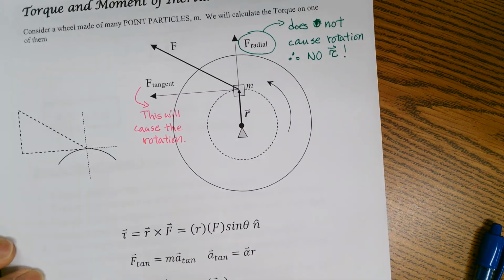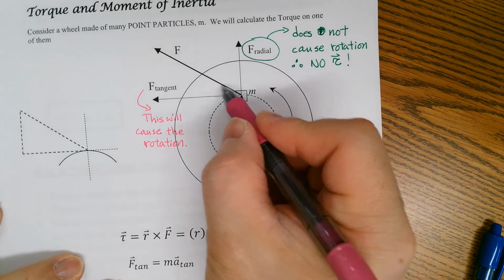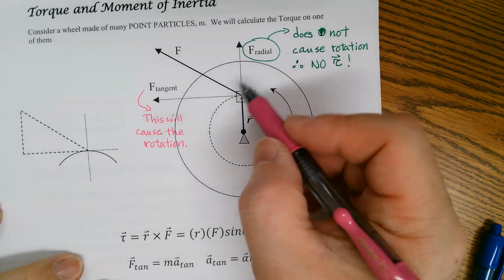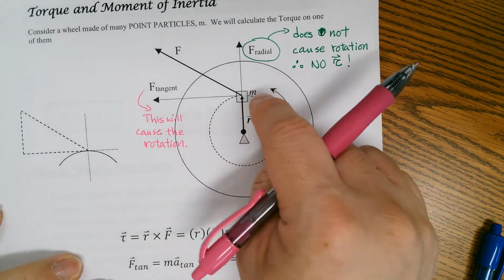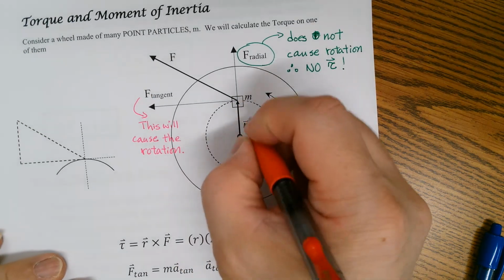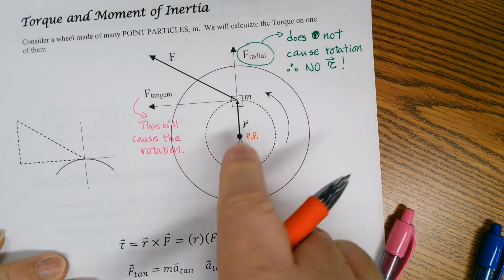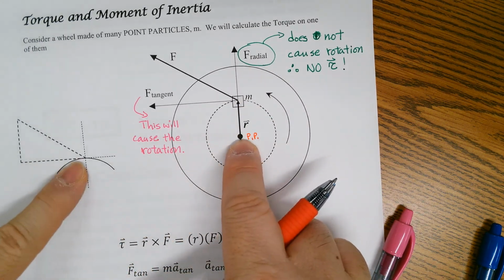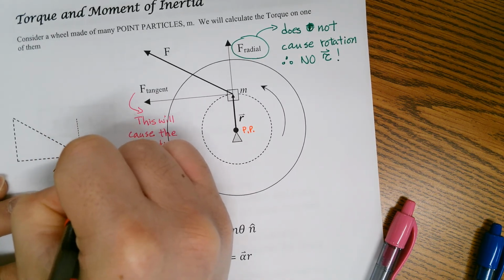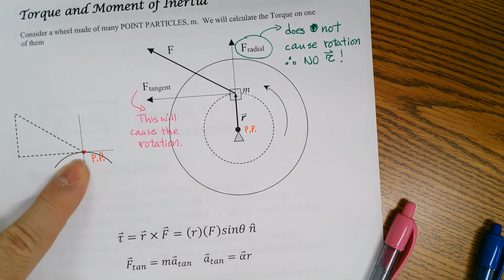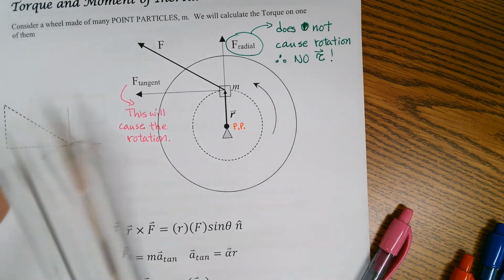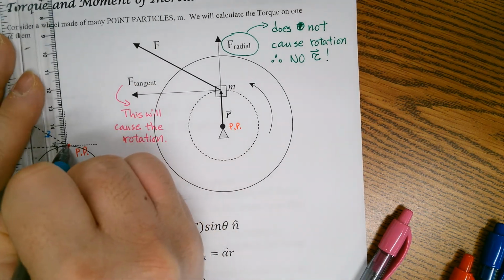Even though we have this force right here, if I redraw this by sliding the force to the common pivot point, this is the actual pivot point right here, and redraw these two vectors from the common pivot point, my R vector goes like so.